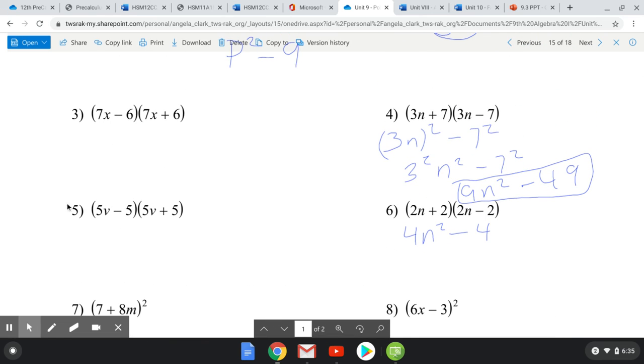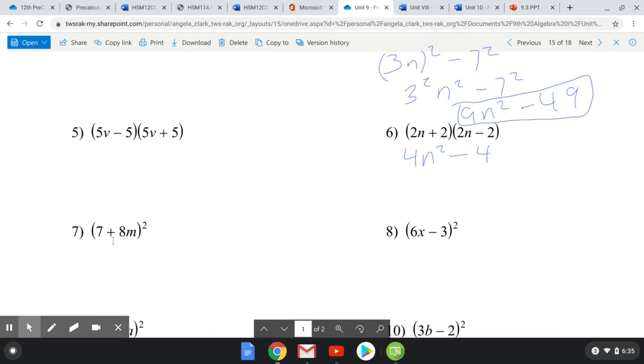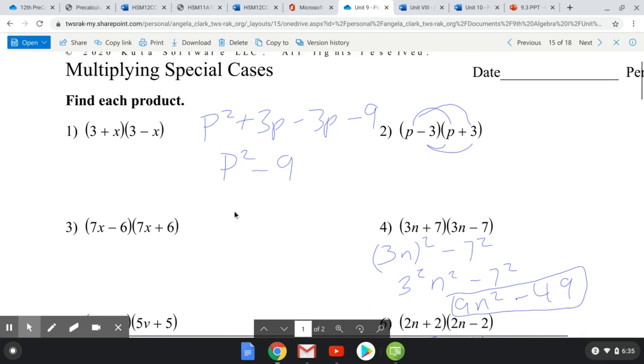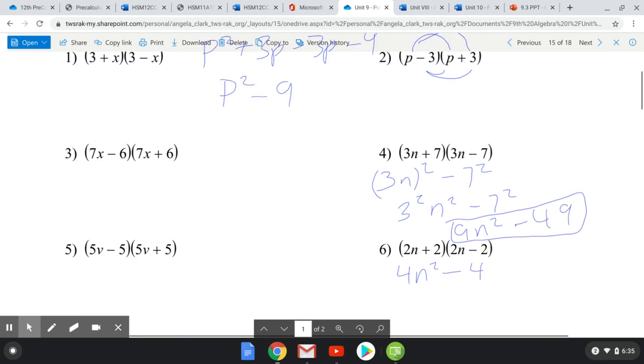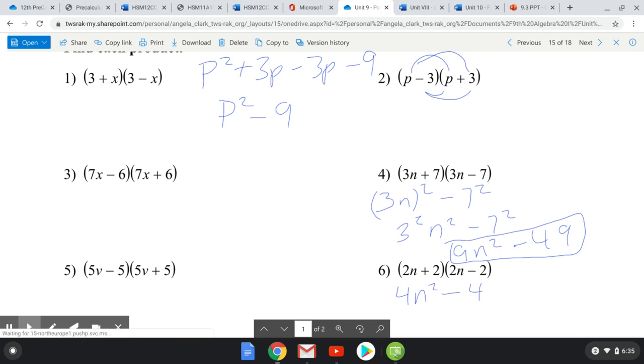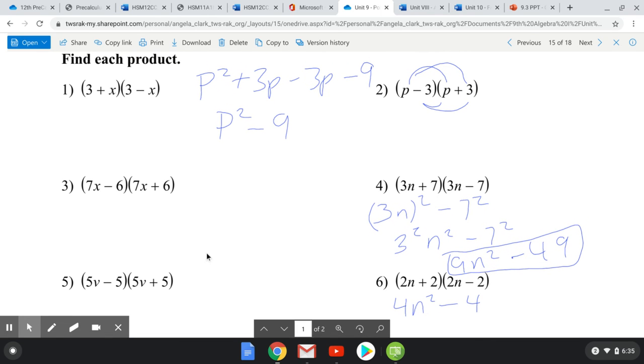This is the difference of squares pattern. This is not. We'll talk more about this one next time, but just to show you that not all of the questions on this worksheet are going to follow the pattern we talked about today. Some of them will follow the pattern that we're going to talk about next time.